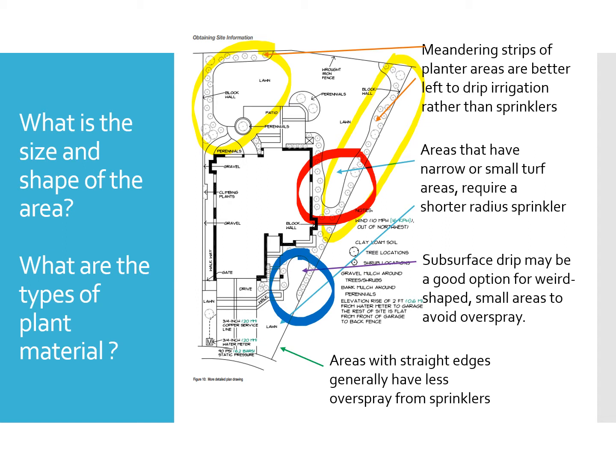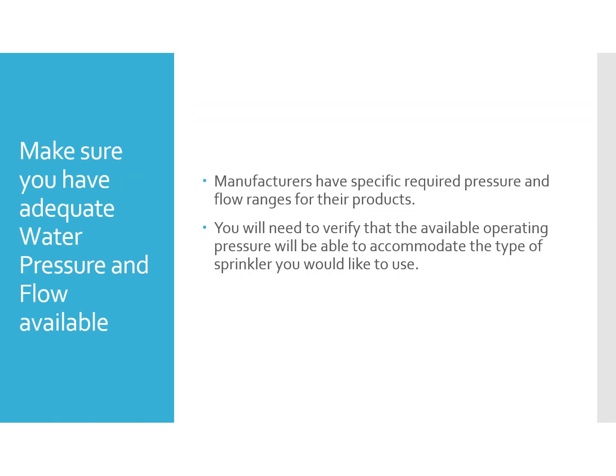And then if you have areas with straight edges, like you have on this edge of this lawn, that's a spot where you'll have less overspray because it isn't curvy, and they'll have fewer opportunities for that to spray over.